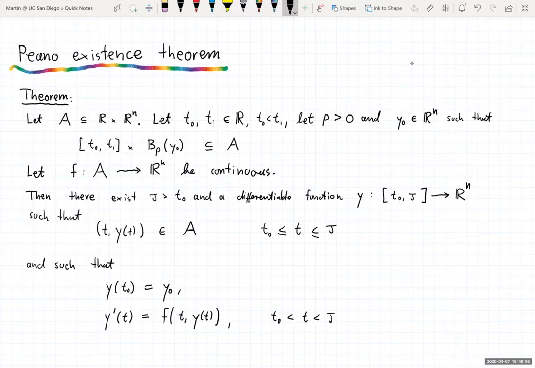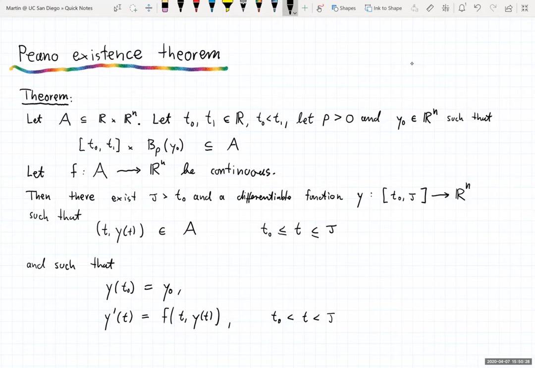Well, this is similar to the previous version of the Peano existence theorem, and the major difference is that the function f is not necessarily defined on all of the real numbers times R^n, but only on some subset. What this version of the Peano existence theorem tells us is that there exists a function y that is defined at t naught and then for some additional time up to time tau, which solves this initial value problem.